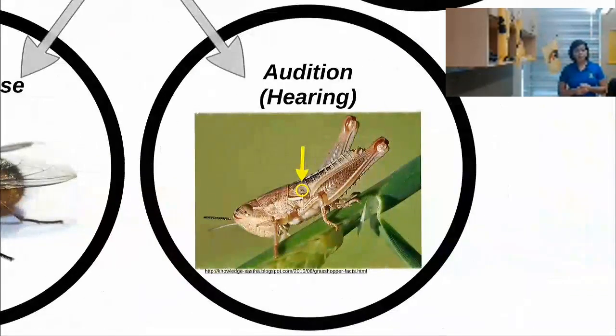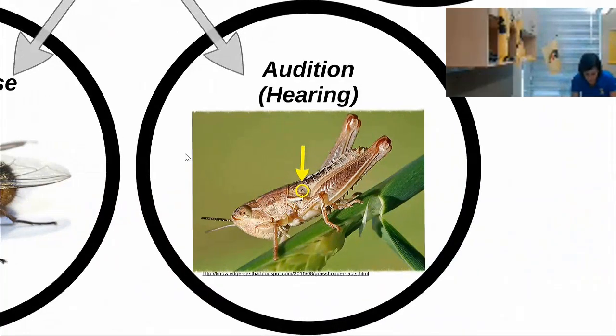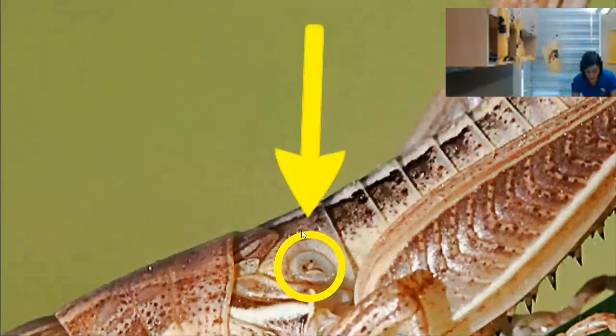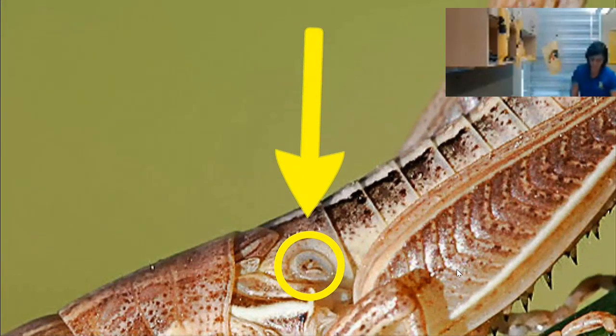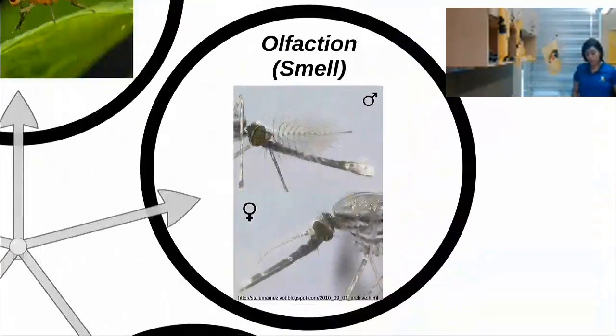Do insects hear? Yes. A lot of them have tympanums that could be near the thorax, the legs, antennae. And an exception to the rule: how do I know if a mosquito is a female or a male? Very easy. Look at the antennae. The female has filiform antennae. The male has plumose antennae.